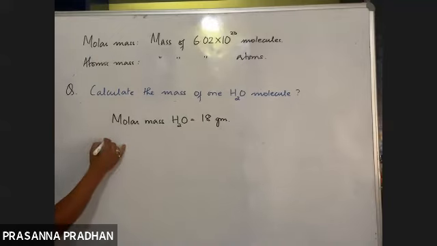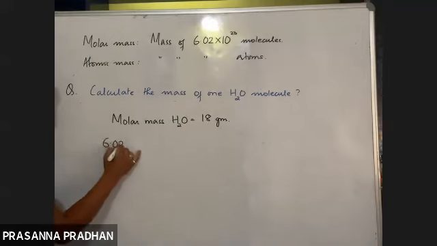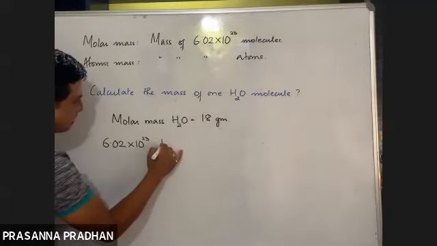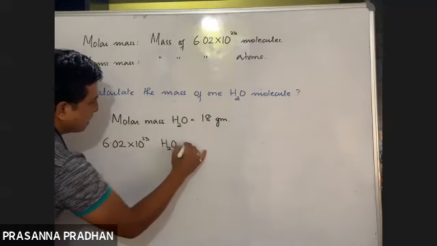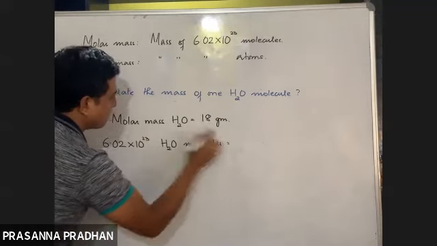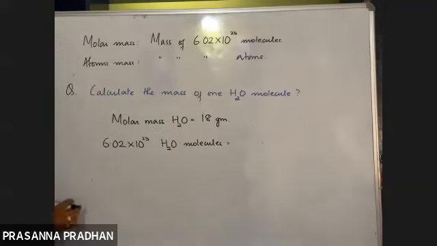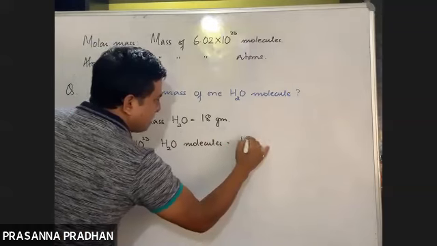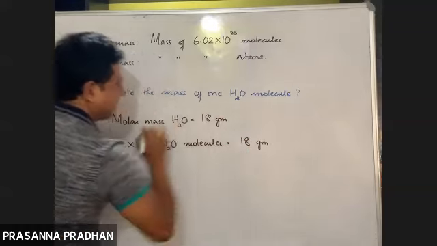Or I can write down Avogadro number of water molecules is equal to 1 mole. Fine. Avogadro number of water molecules, what is the mass? It's equal to 18 gram.